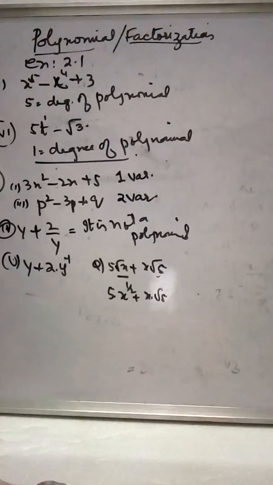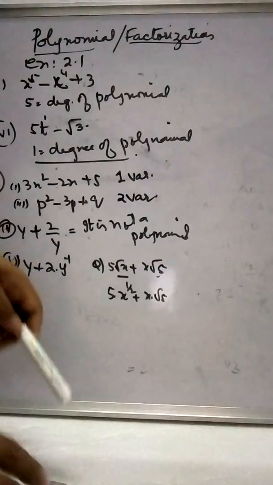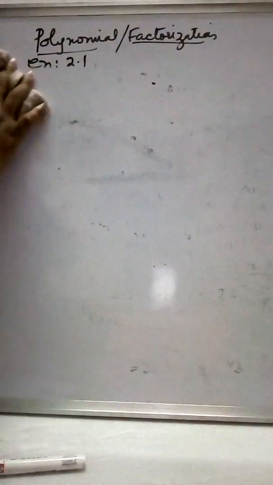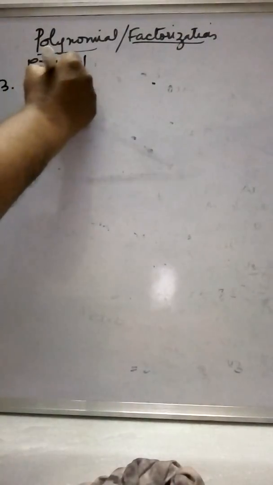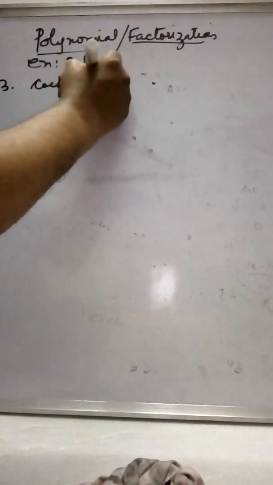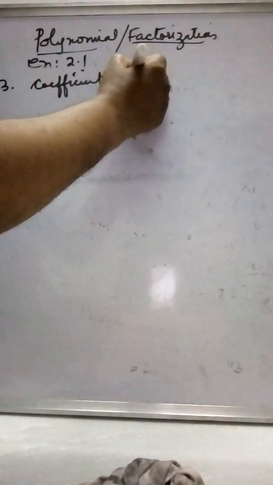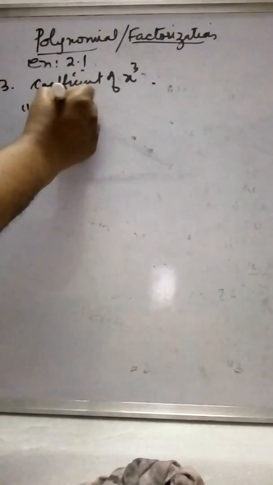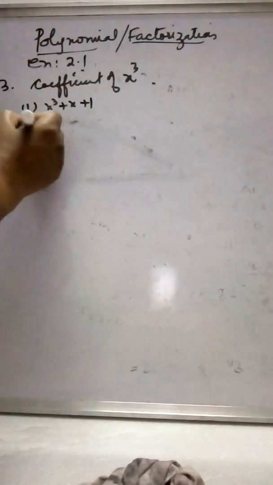Now the third problem is asking, write the coefficients of x cube in each of the following. First one is given as x cube plus x plus 1.